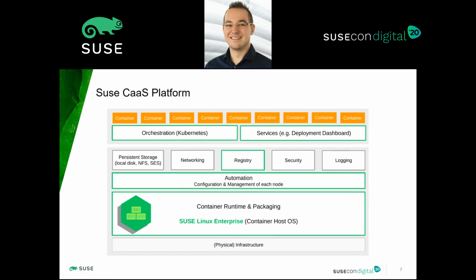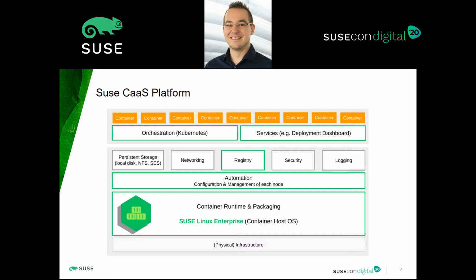On this slide, we'll have a look at the architectural view of CaaS. So at the very bottom, you have your infrastructure layer. On top of that runs the SUSE Linux Enterprise operating system, which holds the container runtime and the packaging. On top of that comes the automation layer, which holds configuration and management of each node you have.